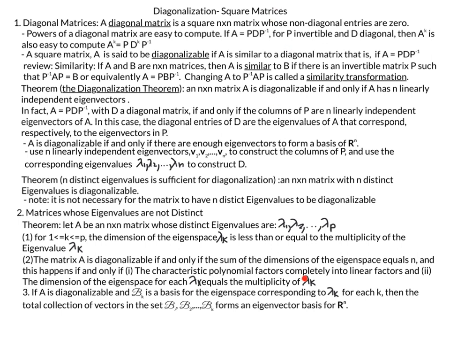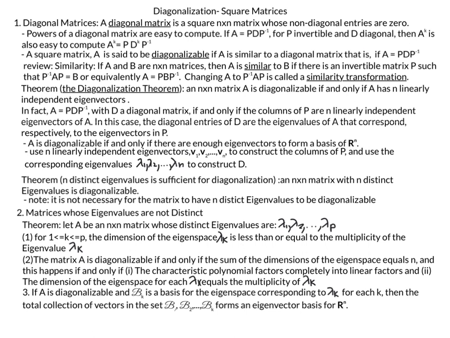So here is our overview slide, which we will spend 3 or 4 minutes discussing before we go through each topic with more detail and more examples. First, we'll define a diagonal matrix, which is a square matrix whose non-diagonal entries are all 0. Then we'll talk about diagonalizing a matrix. To diagonalize a matrix, you find if A is similar to a diagonal matrix.